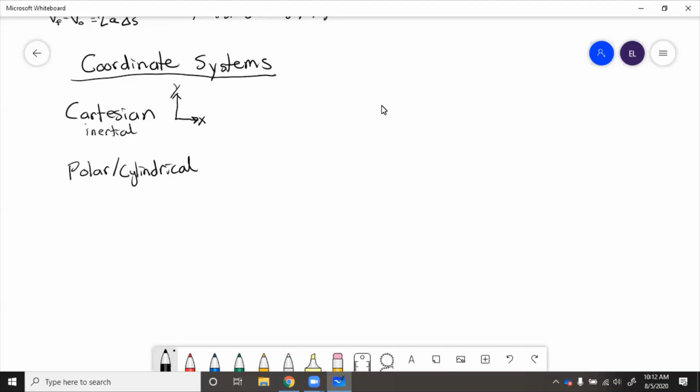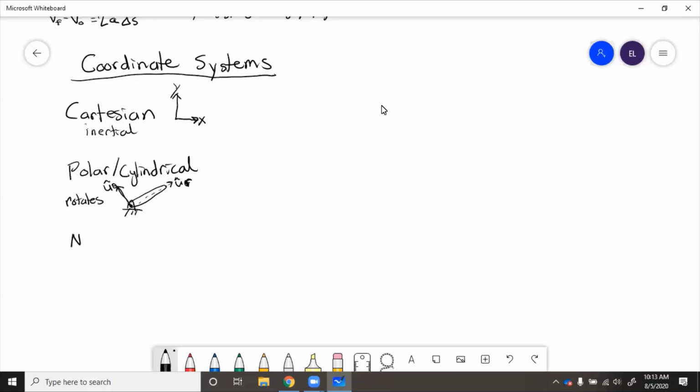This rotates with the particle. So let's say you have something that's rotating. You can say this is ur. This is u theta. So this rotates with the particle.